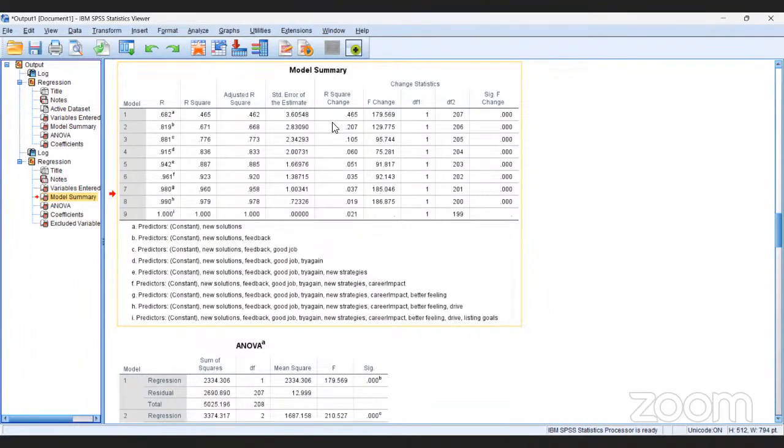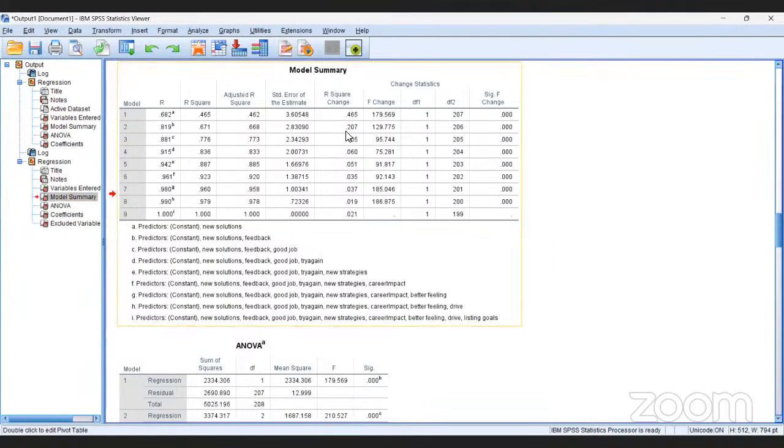And here you can find out R² change. Okay, so initially R² is 0.465 and then it is 0.671. 0.671 minus 0.465, that will be 0.207. So that is the R² change.